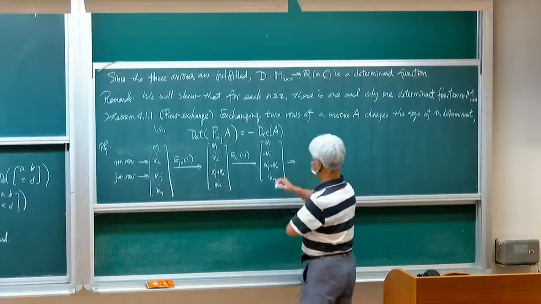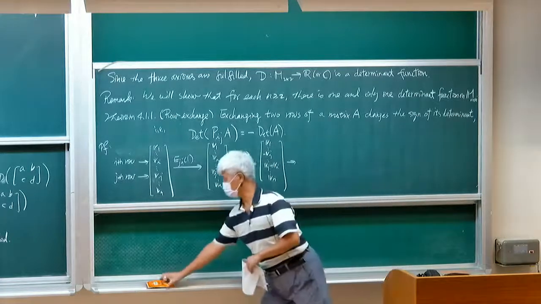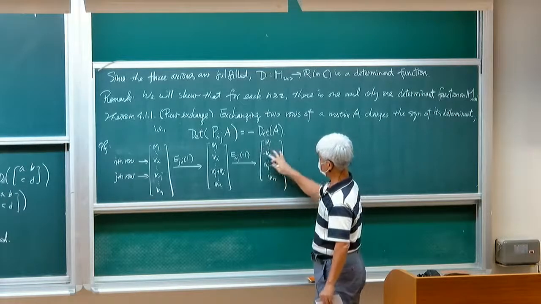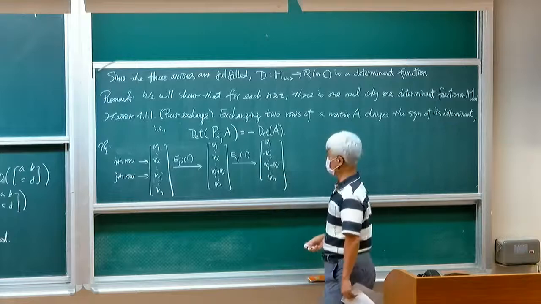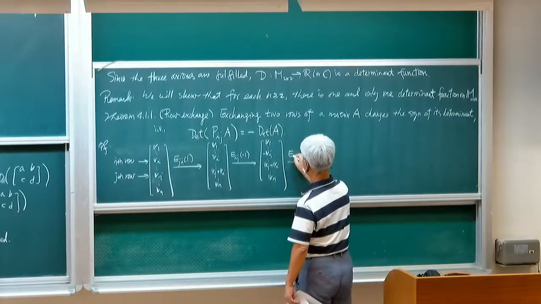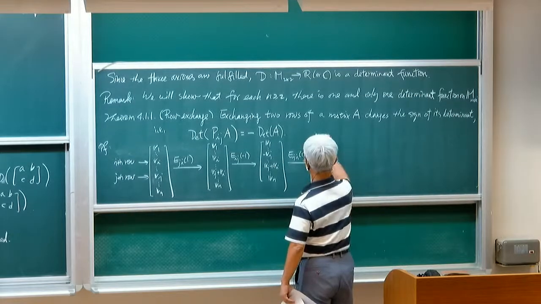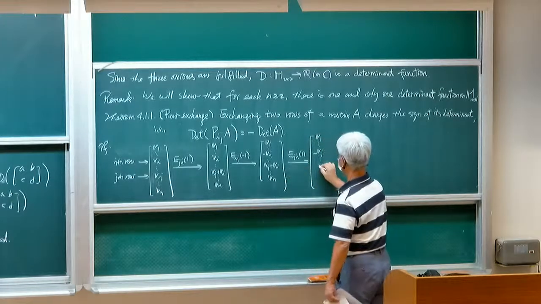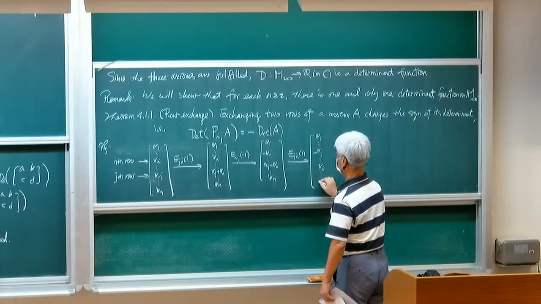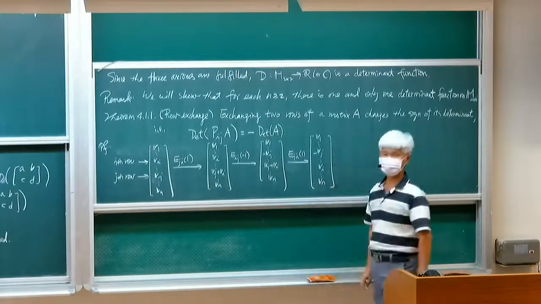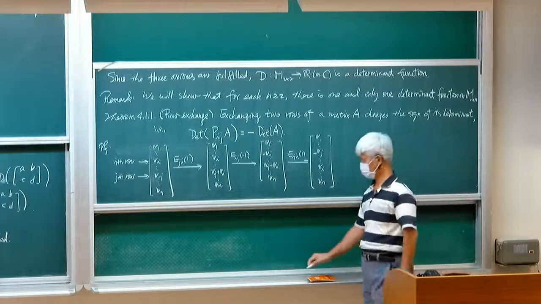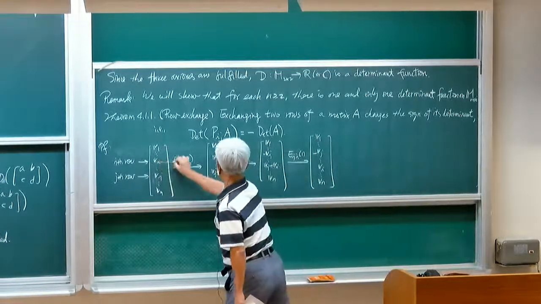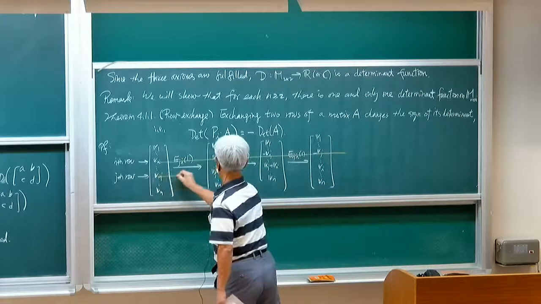All right, and then we do replacement again by adding the i-th row to the j-th row, and we have an Ri. Okay. This is the i-th row. This is the j-th row.